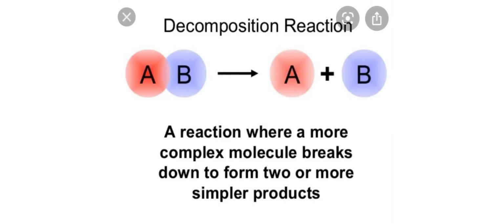Another reaction is the decomposition reaction. To decompose means to divide. When this reaction takes place, a compound gets divided into two or more products. For example, AB will give you A plus B. So a decomposition reaction is a reaction in which complex molecules break down into two or more simple molecules.